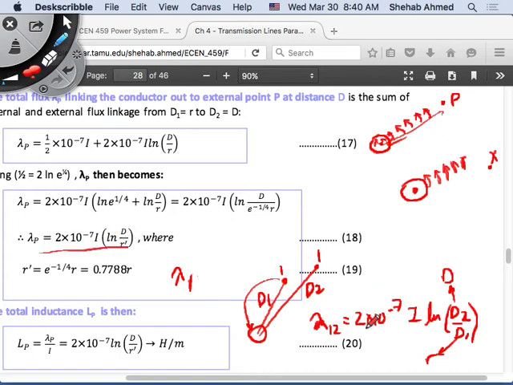But I can go back to the general equation, which is 2 times 10 to the minus 7 I natural log D2 over D1. If I go back to the original equation, what does this tell me? With this equation, I can find the effect of this conductor on this conductor. How? I can make D1, for example, the distance between these two conductors, and I can make D2 the distance between this conductor and the same point in space P. What does that buy me?